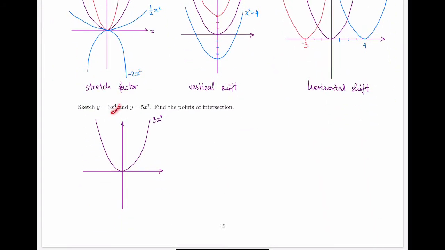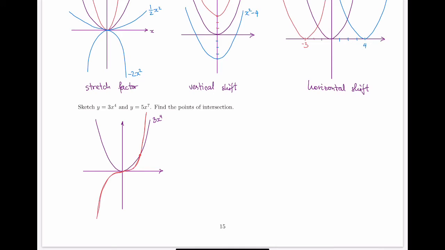So if I'm drawing x to the 4th versus x to the 7th, 7 is bigger than 4, which means that near the origin, my x to the 7th will be flatter, closer to the x-axis, and then at some point, it will start growing faster, right? So somewhere along the way, a switch happened, and then it's a general shape of a cubic function, so it had to go in this snaky shape and into the negatives here.